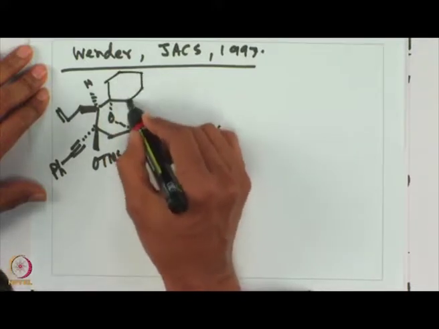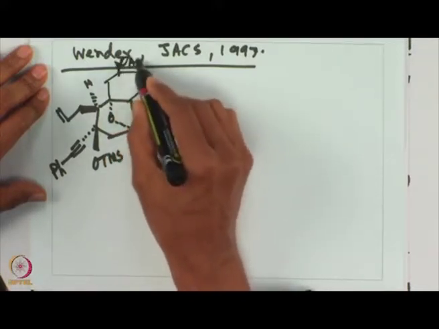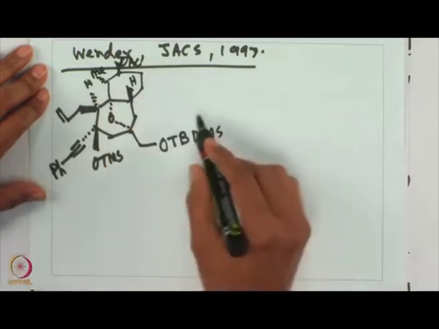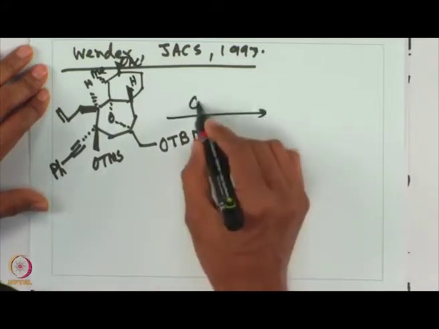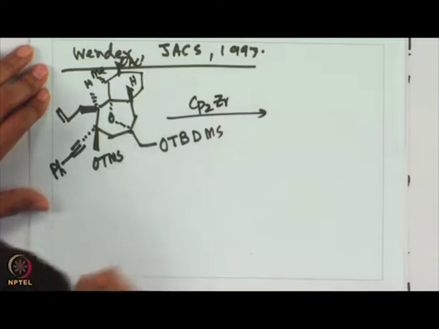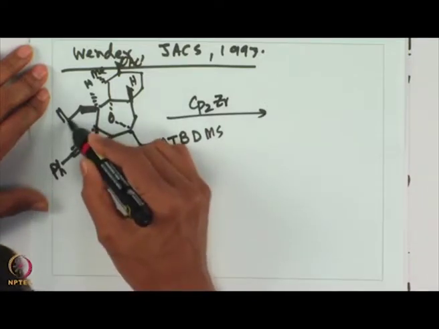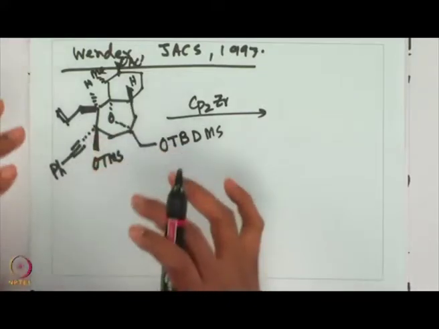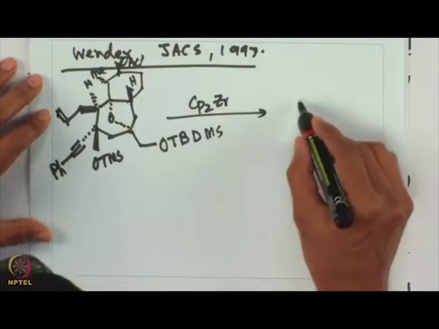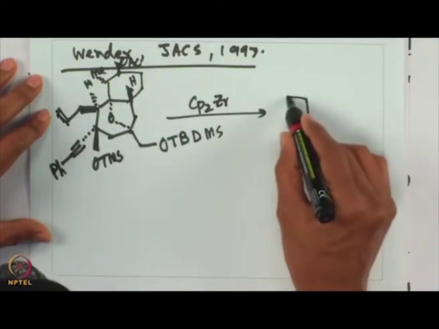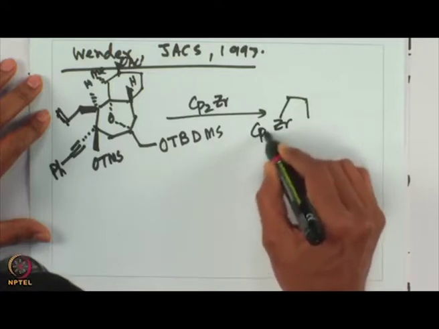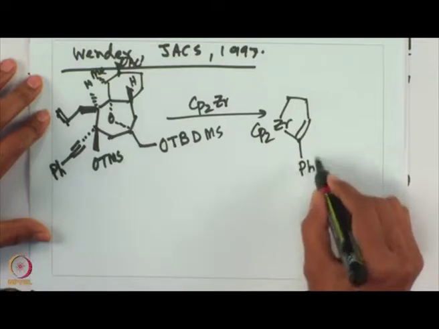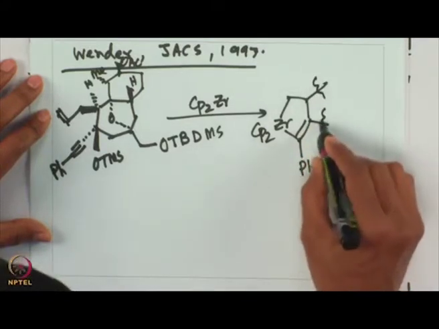Now, we have a 6-member intermediate as well, where OAc, acetate and methyl is there, and then we have a hydrogen up there. From this intermediate, if you have the cyclopentadienyl zirconium, what once again you can put together is this olefin and the alkyne can be incorporated, can be stitched together. So, let us not draw the remaining part. So, simply we can have the zirconium Cp2 intermediate that is incorporated into the substrate to give rise to, we are not drawing the rest of the intermediate.